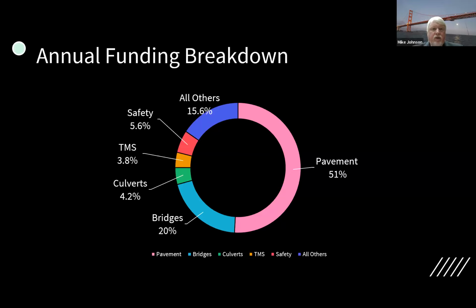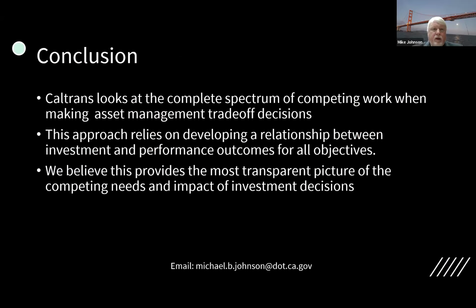So we've arrived at about 32 different objectives that we really focus on. Concluding this really quick run through, we want to look at everything so that we can really understand what our choices are.